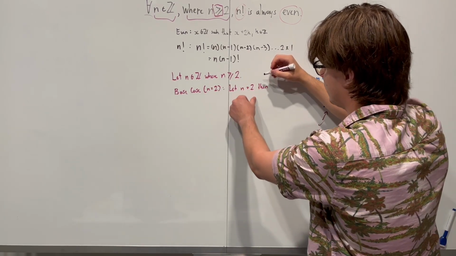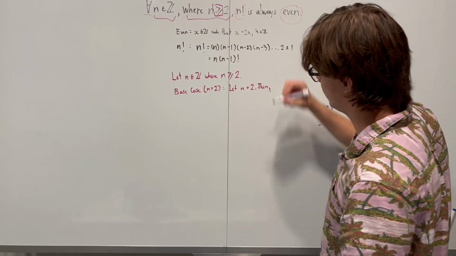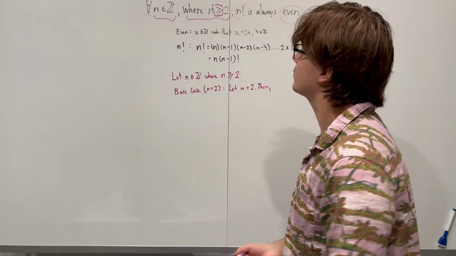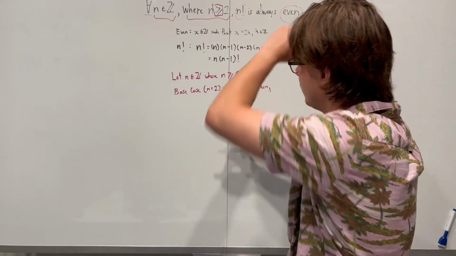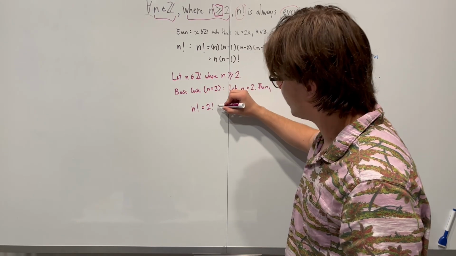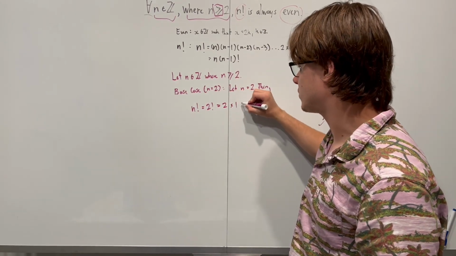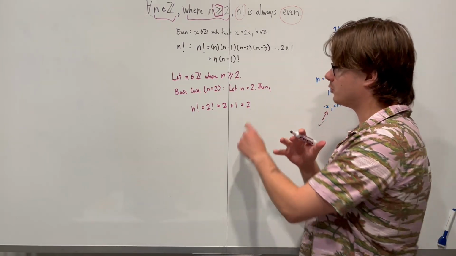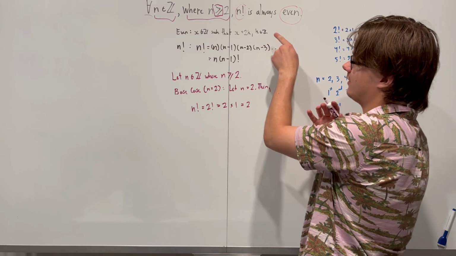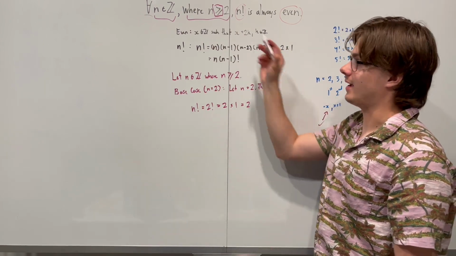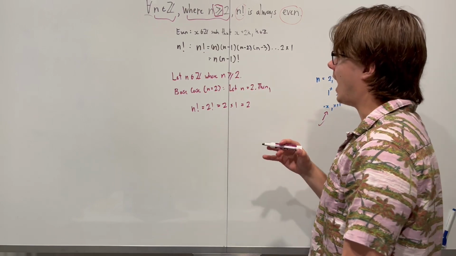Then you can just plug this in. This is more of a computational step in your induction proofs. You can say n factorial is equal to 2 factorial, which is equal to 2 times 1, which is equal to 2. Great. Now you can prove that 2 is even by showing that it fits this definition, that when you plug 2 into x, k is in fact an integer. I'm not going to do that.